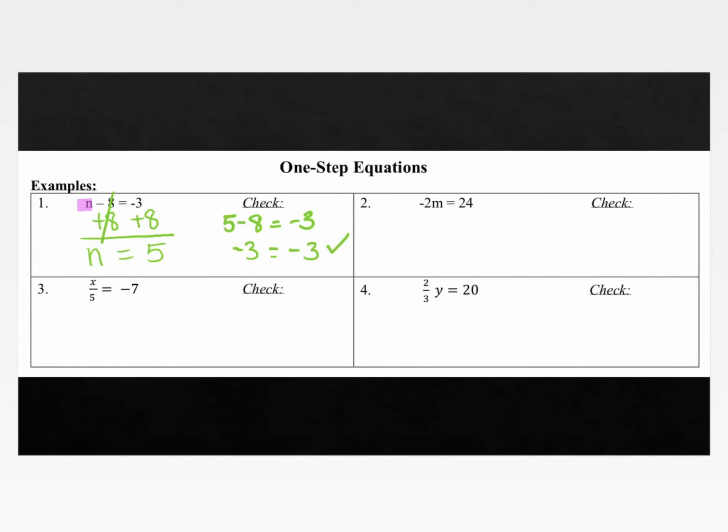Moving on to number 2, we have negative 2m equals 24, and we want to solve for m. Since this is negative 2m, what's really in between the negative 2 and m is multiplication. Sometimes when we're dealing with multiplication, we might not see the operation.